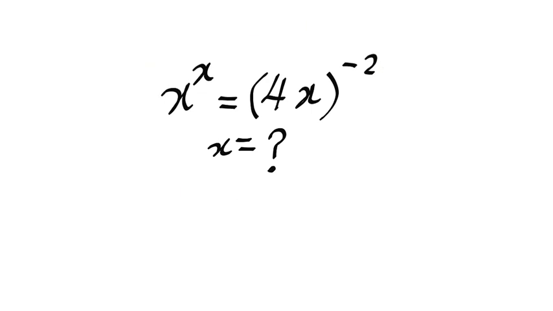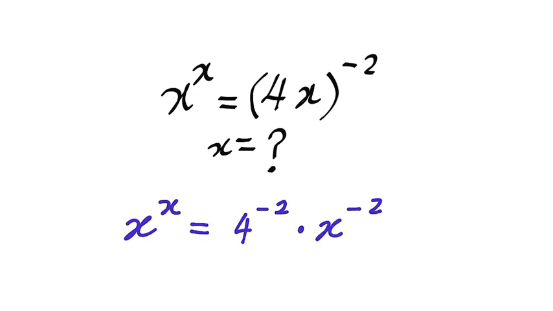So now permit me, I have x to the power of x equals, I can rewrite this as 4 to the power of minus 2, multiplying x to the power of minus 2. That is, I'm trying to share the power for 4 and x.